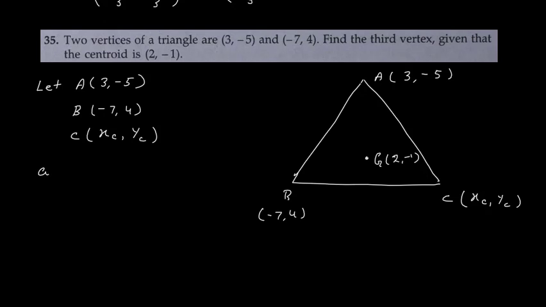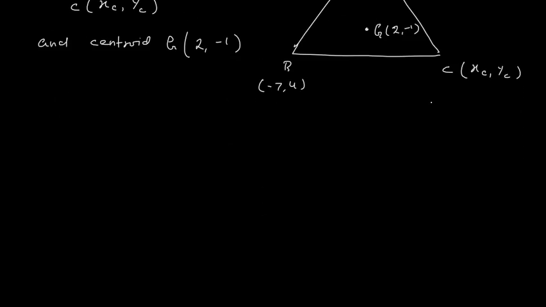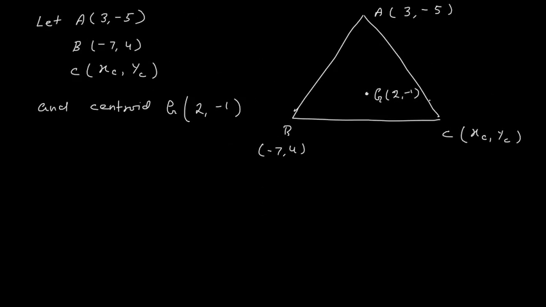So by centroid formula we will say that 2 is equal to (3 minus 7 plus xc) divided by 3, and we will get minus 1 is equal to (minus 5 plus 4 plus yc) divided by 3.